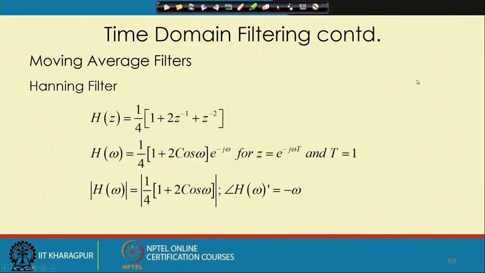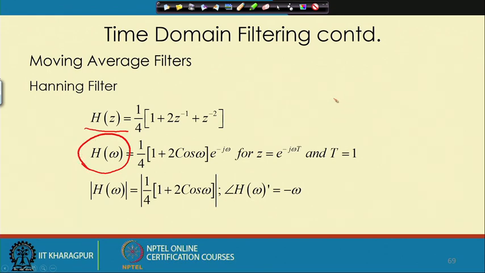Now let us move forward. Here, from the transfer function, we have represented H z in the z domain, and corresponding to that we compute what would be the spectrum. If we are interested in the spectrum, we can look at the value on the unit circle, which is represented by H omega.